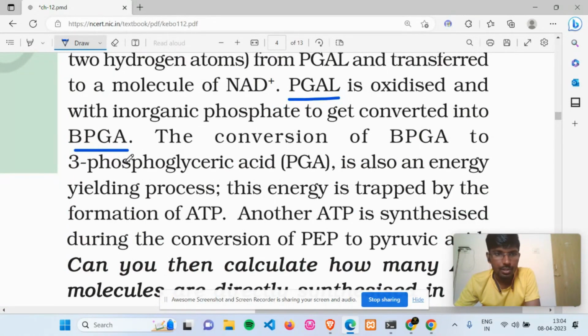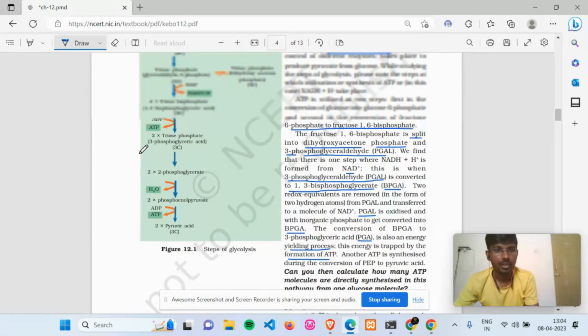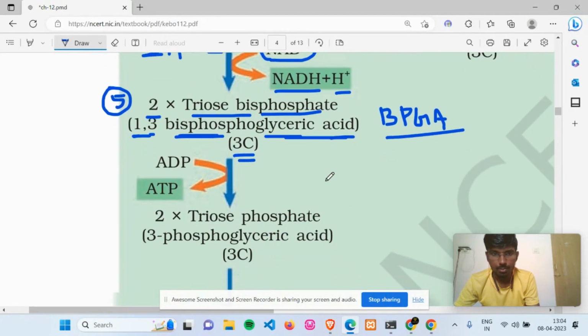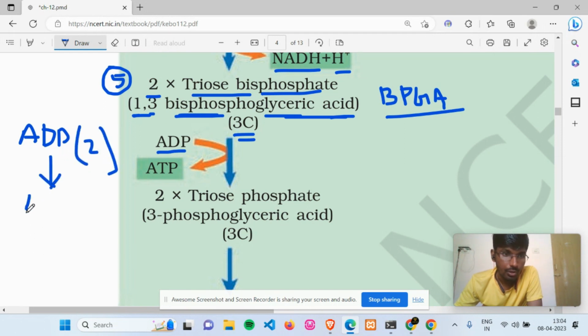The conversion of BPGA to 3-phosphoglyceric acid, PGA, is also an energy yielding process. This energy is trapped by the formation of ATP. So see here, from this BPGA we are using an ADP, adenosine diphosphate, a 2-phosphate containing group, which is getting converted into adenosine triphosphate.